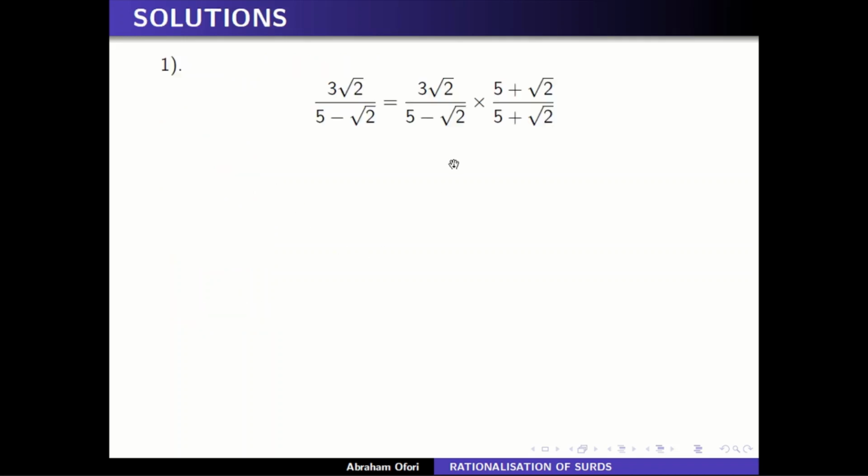All right, so we said you find the conjugate surd of the denominator, and then you multiply that conjugate surd of the denominator by both numerator and denominator of our original fractional surd. Why do you want to multiply it by that?